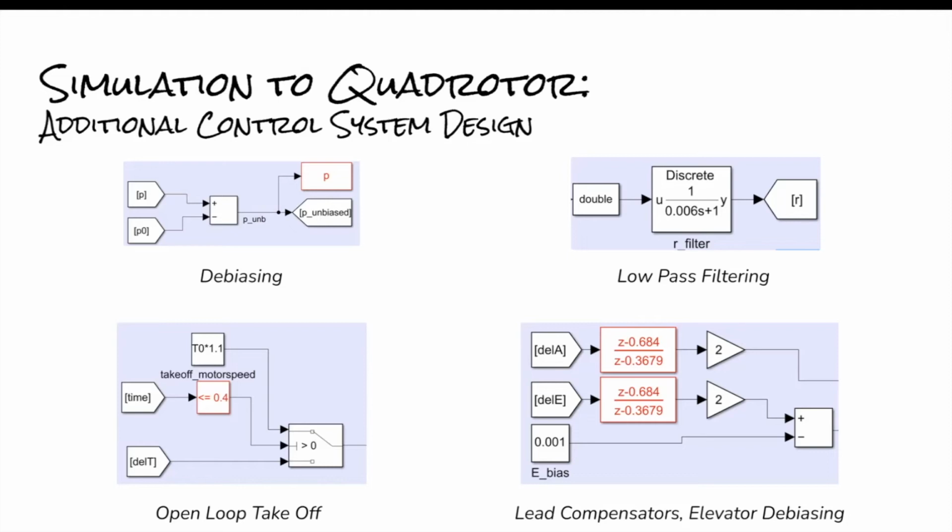We also noticed when flying the drone that it was constantly pitching, which made it really difficult for it to get off the ground. So we tried multiple elevator bias values and landed on subtracting 0.001 to ensure that the drone would not be always pitching and causing it to move forward and back.